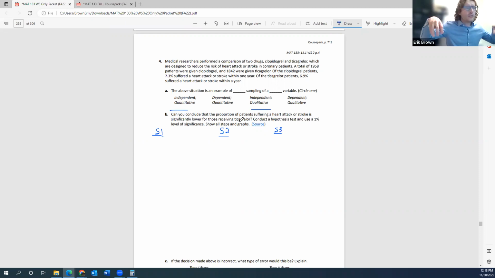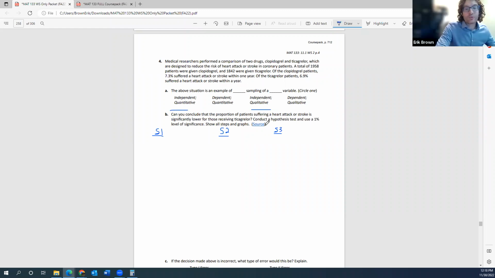And then what did we look at? What are we checking that happens? Patients that suffered a heart attack or stroke. That's it. So if you look at the data set, it's qualitative, because it's either yes, they have the heart attack or stroke, or no, they didn't. So independent, qualitative. That's it.